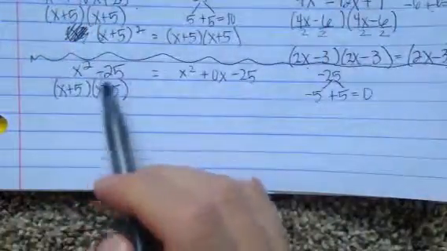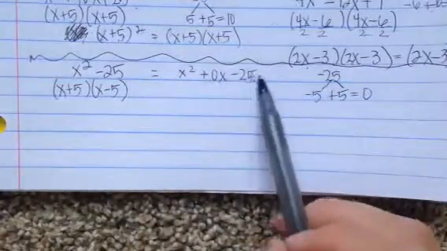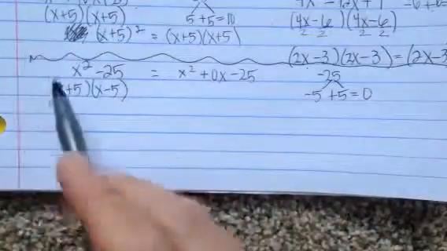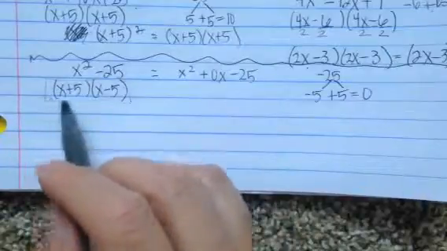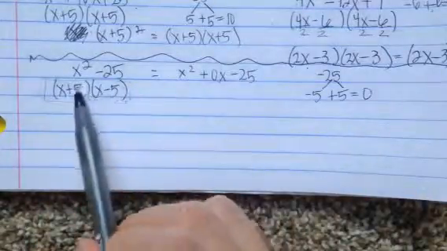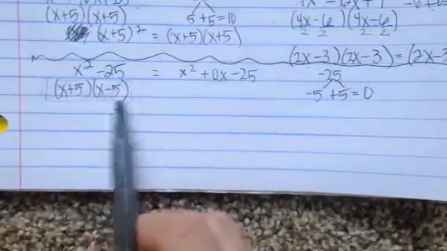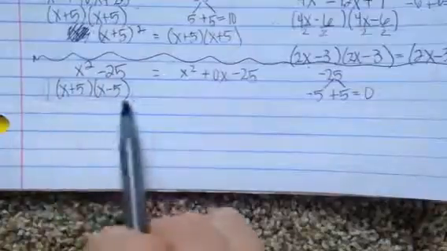So when there's nothing in the middle, you can just rewrite it and say 0x. So what multiplies to get that and adds up to get 0. But I just wanted to do one of these because this right here is not a perfect square. Because in order to write it as something squared, it has to be exactly the same. But you can see that on this one, it's plus 5 and minus 5. So then that's our answer.